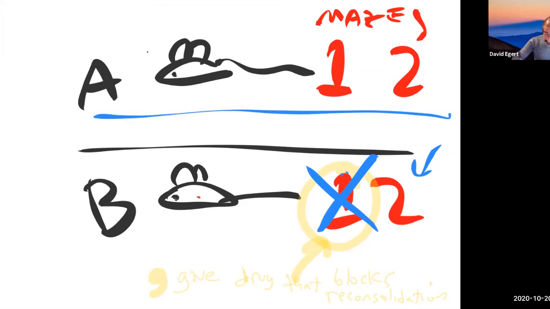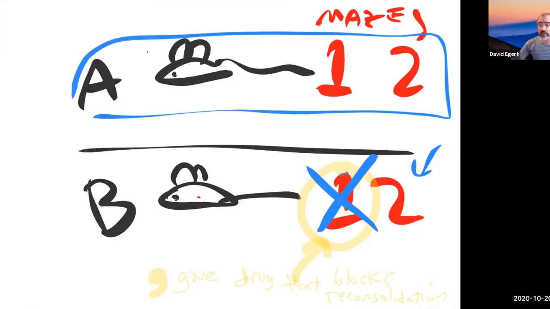And the other rats that were just running the mazes but never got exposed to the drug that prevents reconsolidation still remember the maze just fine. So it's an interesting idea, having this theoretical basis now to try to go in and erase memories, or at least try to devalue memories.